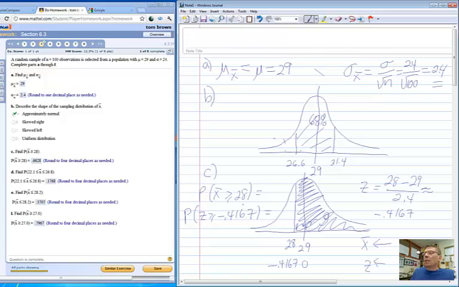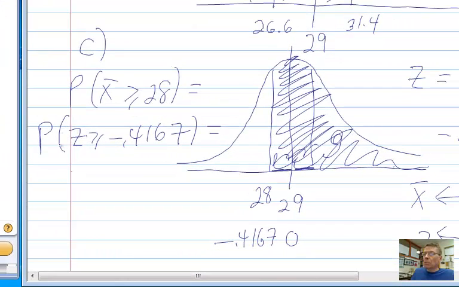Okay. Now to determine this, I have to look at my picture over here. The area to the right of this value right here, I can think of as the area between there and there. And since it's symmetric, it's the same area that's between there and there. So these areas are the same. So I know that this is equal to the probability that z is between 0 and 0.4167.